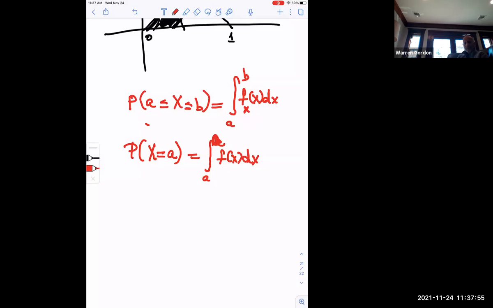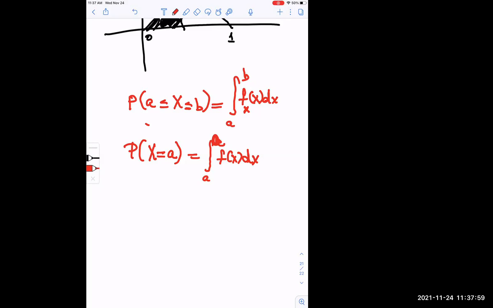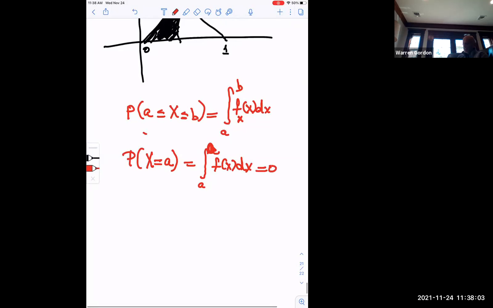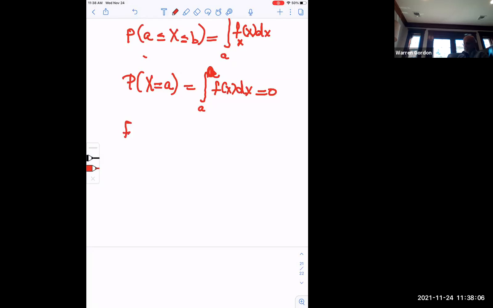What's the integral from A to A? It's 0. That means for a continuous random variable, the probability that X is a particular value is 0.